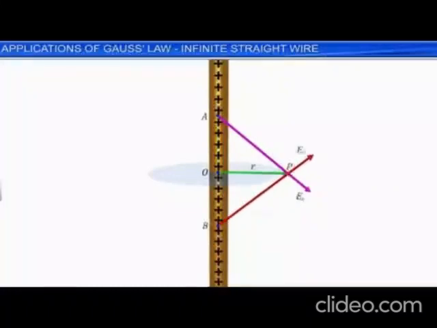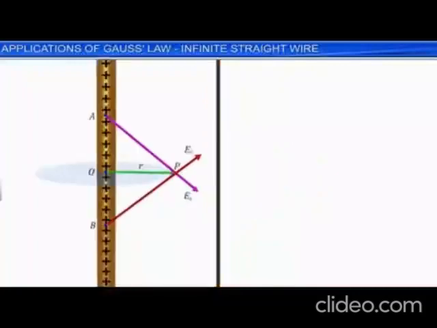As the two elements, A and B, are equidistant from O, they are also equidistant from P. Thus, the magnitudes of the electric field strengths due to A and B at P are equal. To get the net electric field strength at P due to A and B, we resolve these electric fields into horizontal and vertical components.